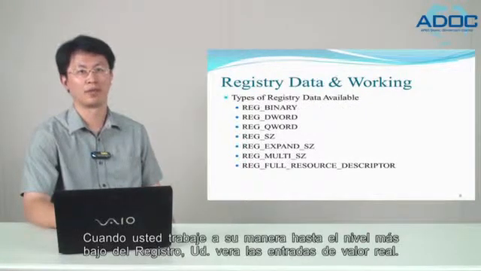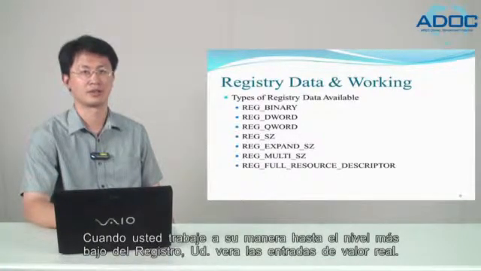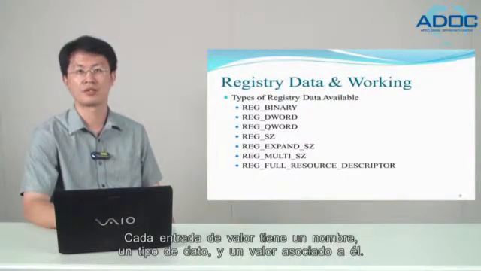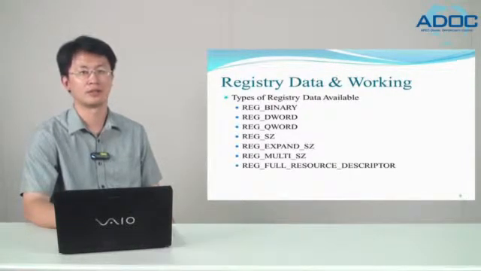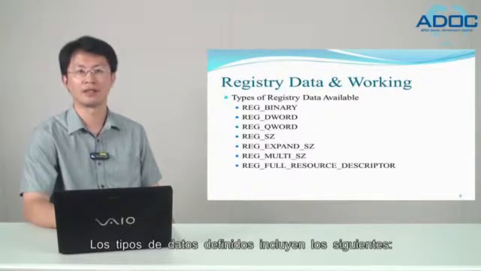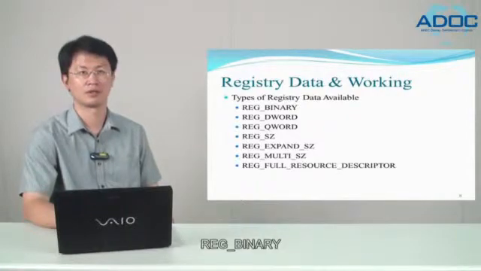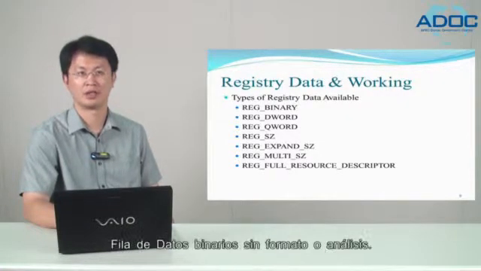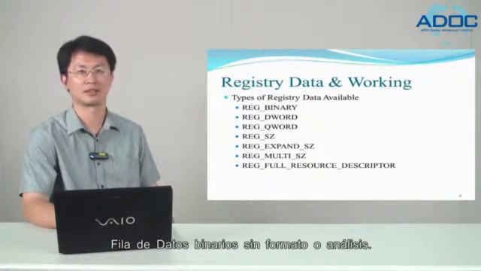When you work your way down to the lowest level of the registry, and you see the actual value entries, each value entry has a name, a data type, and a value associated with it. The data types defined include the following: REG_BINARY, raw binary data without any formatting or parsing.